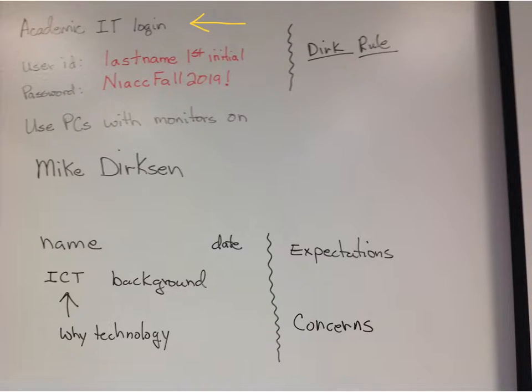But initially, to log in, the academic IT area is different than the rest of campus. This is what we use for your user ID, and this is the initial password. Once you enter that, then you need to adjust it. Okay? And if you have trouble remembering that, you have to get a hold of me, and there's all kinds of information on the syllabi and Canvas and so forth about getting hold of me to fix that in the IT area.